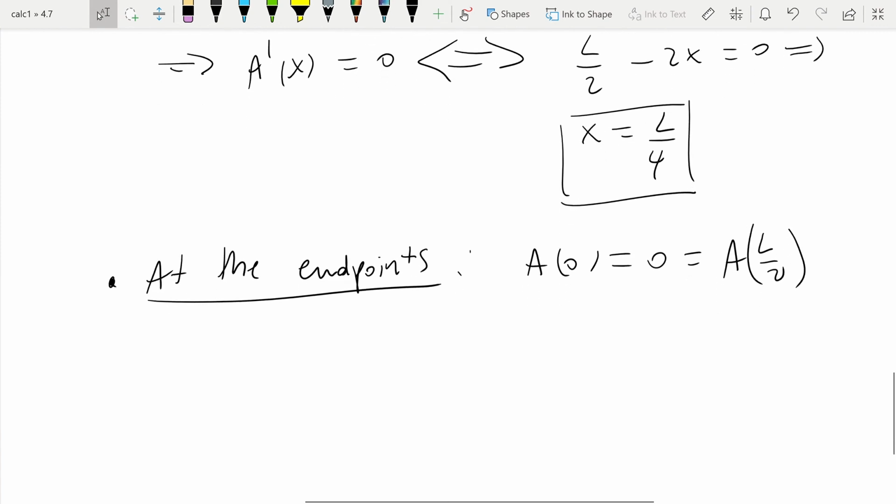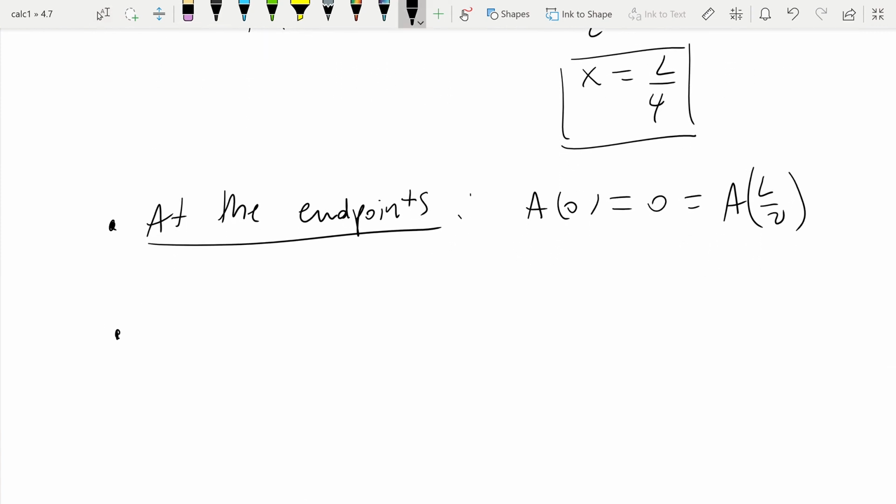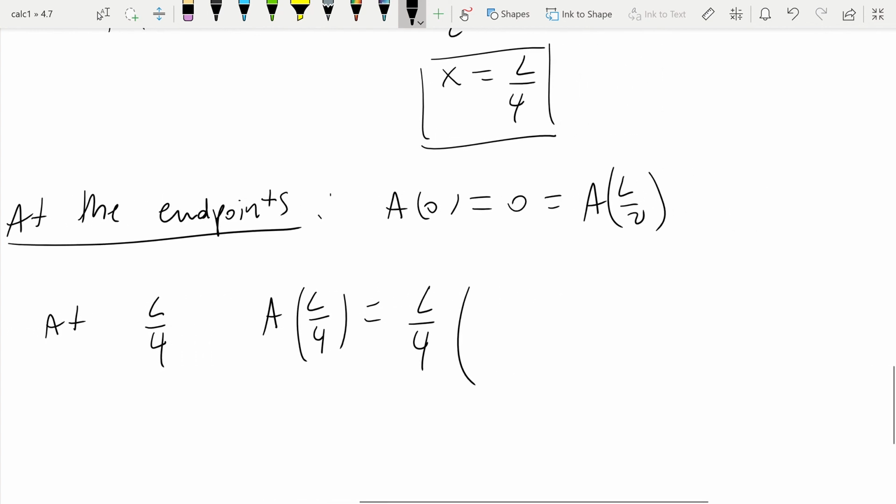And, well, it's not surprising that the maximum is achieved at L over 4, at the critical point. So at L over 4, A of L over 4 is equal to, well, we'll substitute that into A of x.